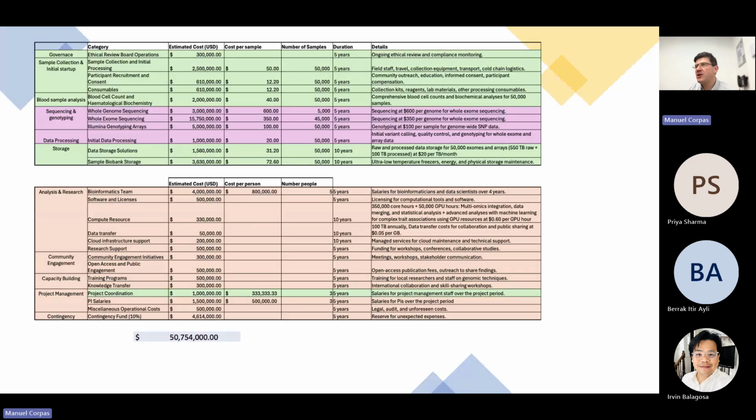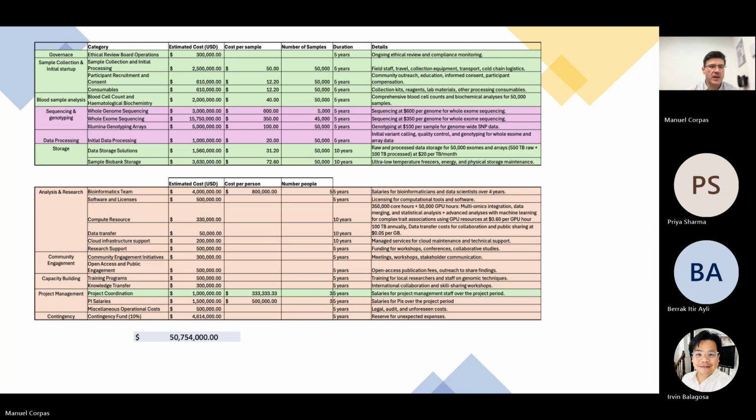And we've calculated that all of this will cost only $50 million. So give us $50 million, and then we'll give you all of that. And you'll feel good about it.